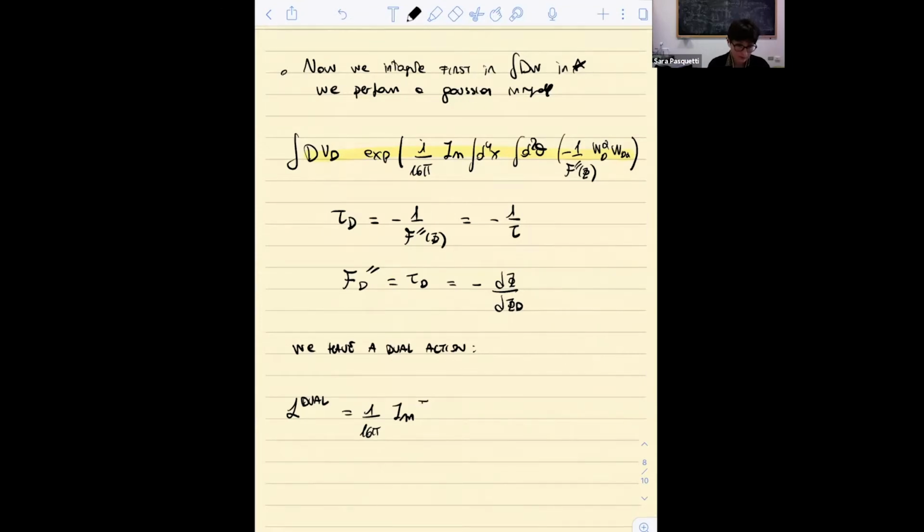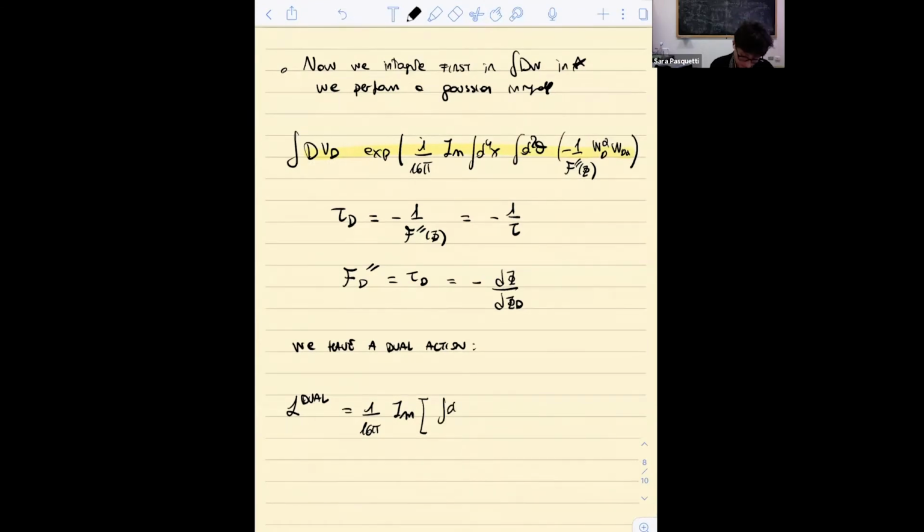It looks like the electric action, but we have now everything written in terms of the dual variables. Sorry, let me write it. F second phi dual, W dual alpha, W dual alpha, plus d2 theta bar, phi bar dual, F prime of phi dual.